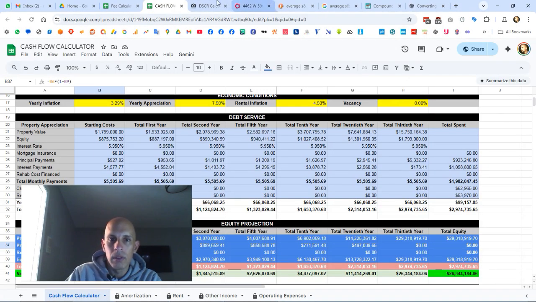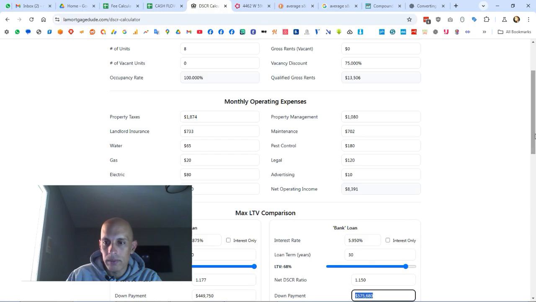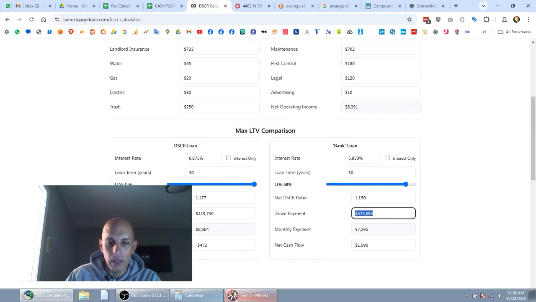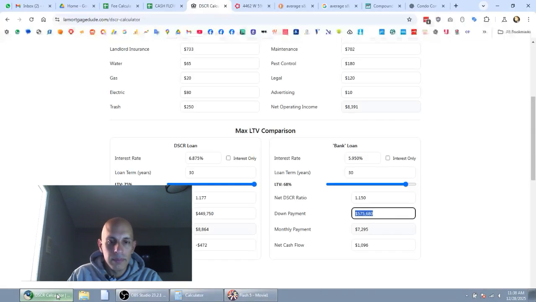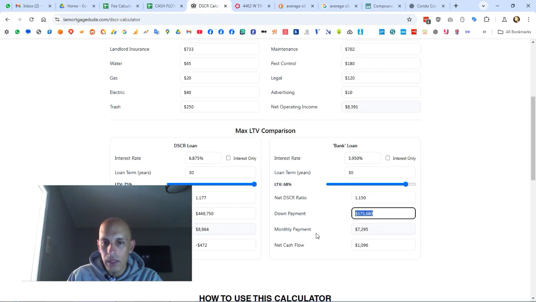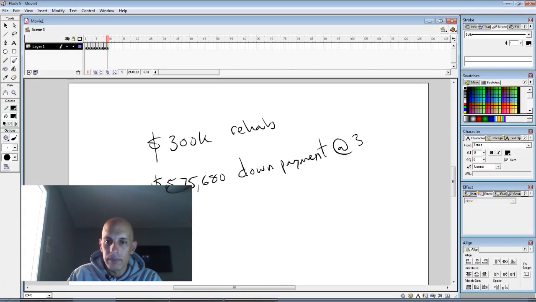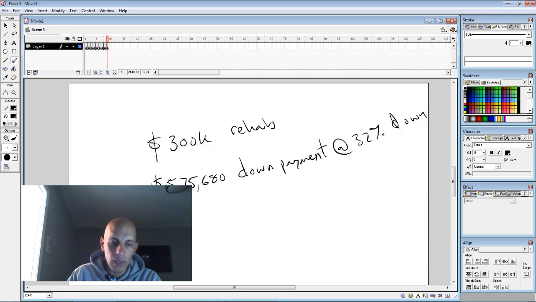According to this, 575,680 for rehab. Down payment at 32% down. Then we got debt service, right?